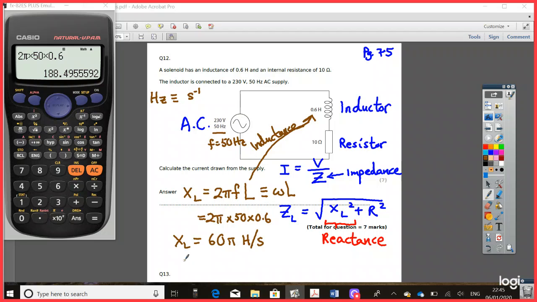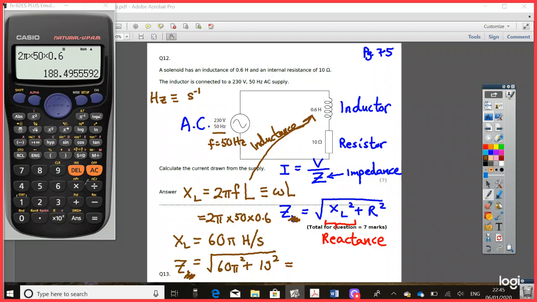We can now work out what Z is. In fact, instead of writing ZL, write Z. Put that in: XL is 60 pi, squared, plus my resistance, which is 10 squared.